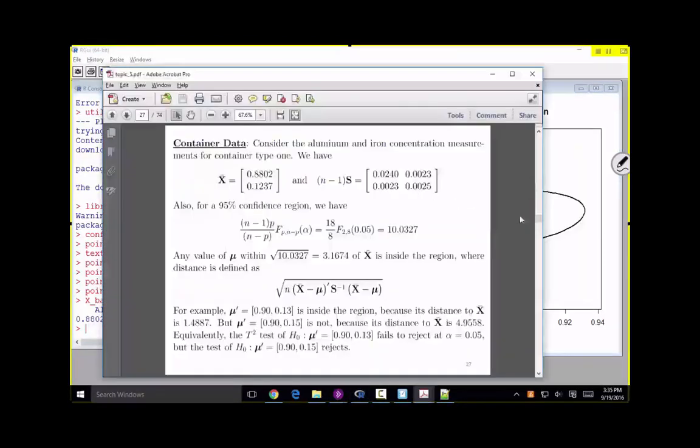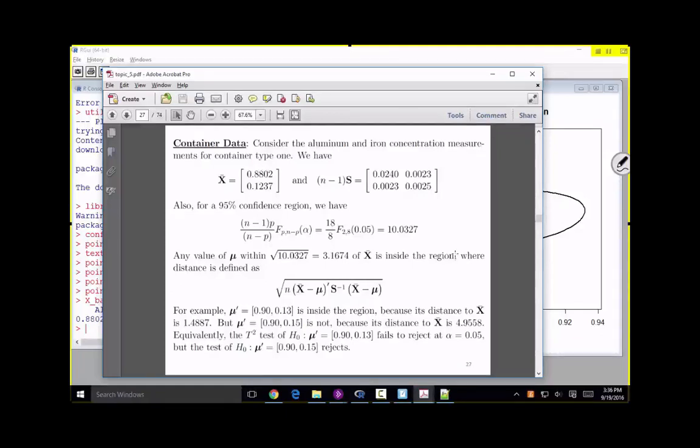So if we want to have some kind of confidence statement about a mean vector, then confidence regions are a possible solution. And confidence regions, when we're dealing with mean vectors, come right out of using that t-squared statistic.